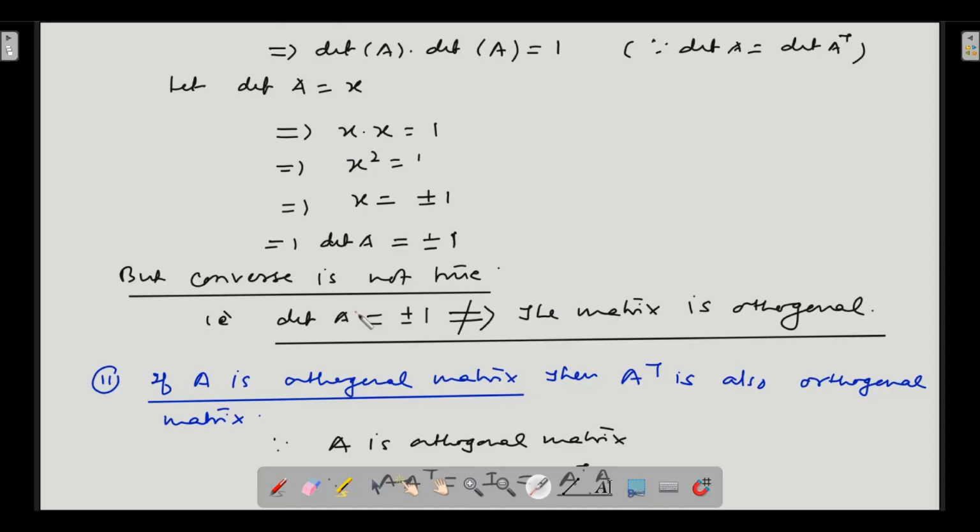If the matrix is orthogonal, which is given, then certainly the determinant will be plus minus 1. But if the determinant is plus minus 1, then we cannot surely say that the matrix is orthogonal. Keep this in mind. Thank you very much.